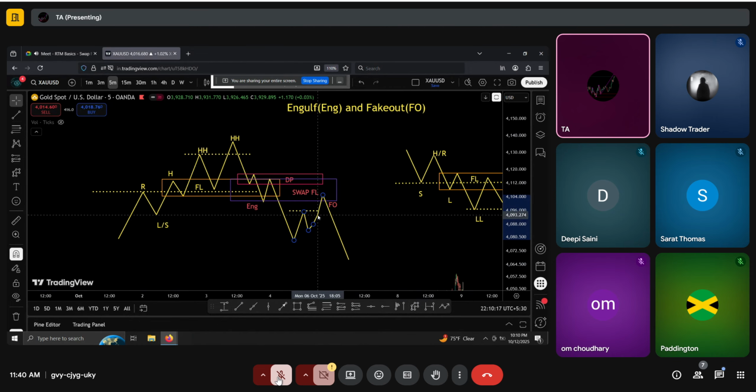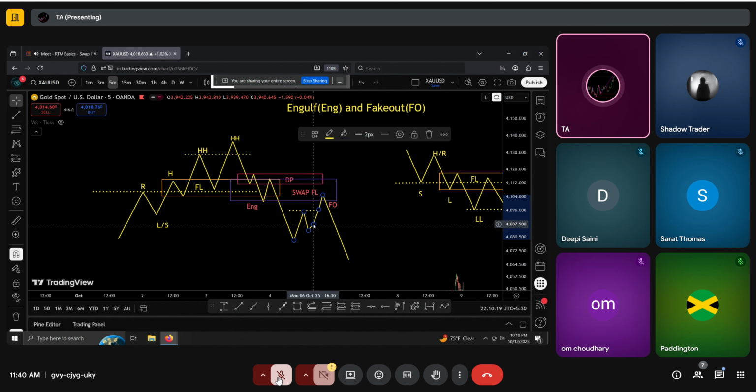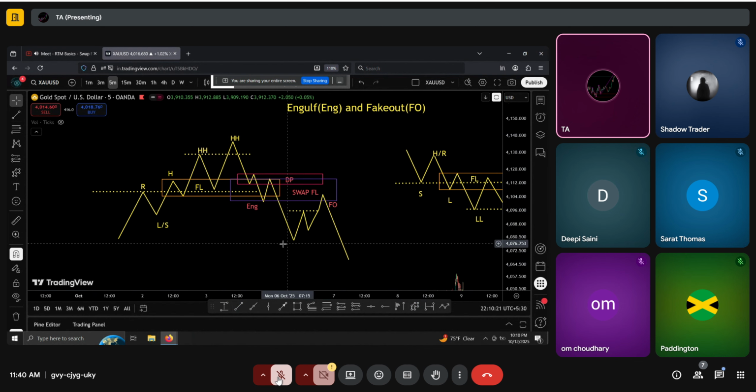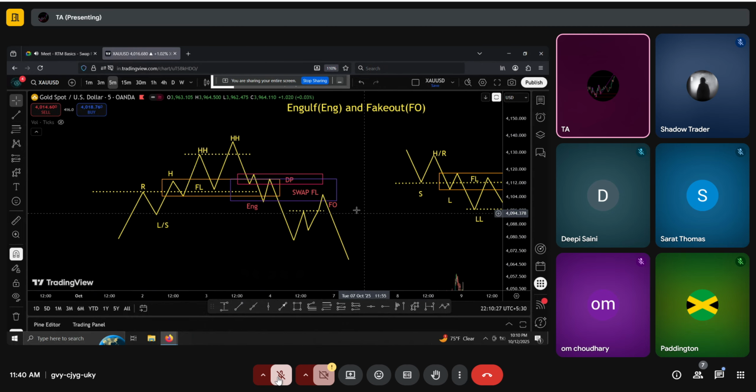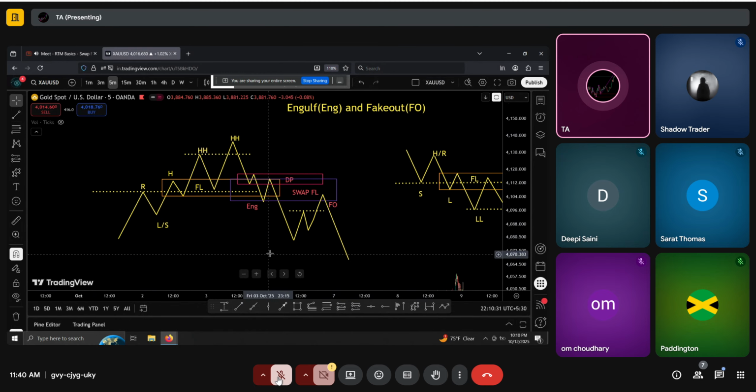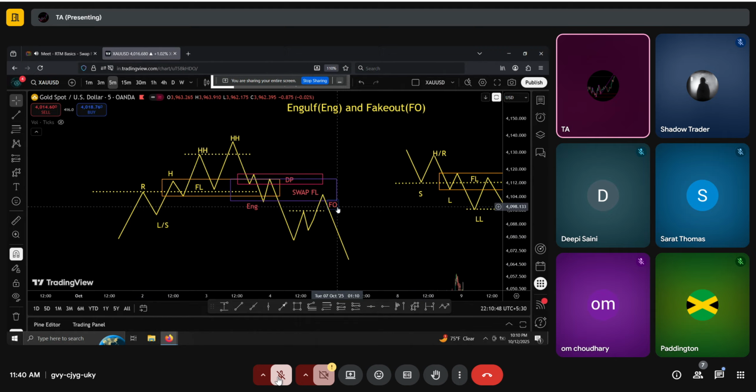This is also the same. This can also be like this, no problem. Just one pullback is also enough. Goes up, pull back, goes up. This is enough to trap the traders. Once this level is broken, buyers will think the price is going up again. So they will enter the trade, but they don't know this is the fake out happening, right? Now you understand? Any question?